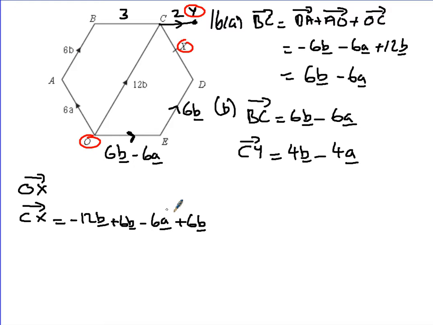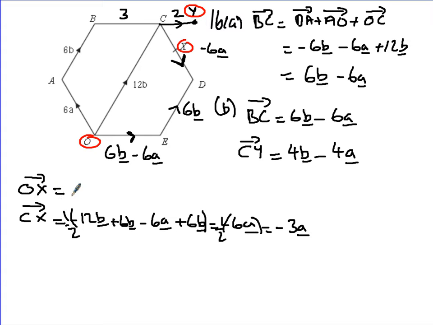So that will cancel out all the B's totally, which will just leave you with minus 6A. So minus 6A is working down there. So C to X will be half of all of that. So with half we get minus 3A. So that's C to X.